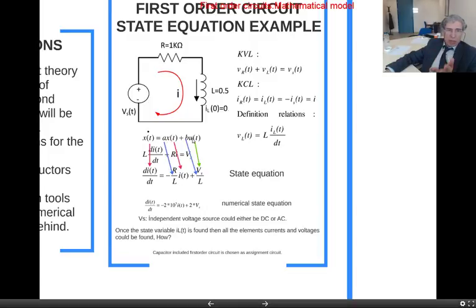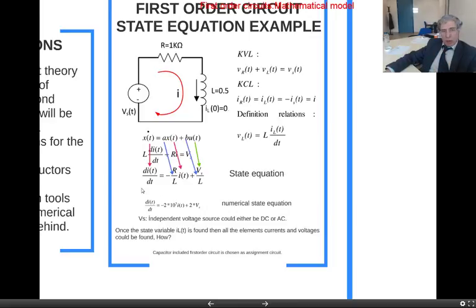The last term here is B, once again equal to 1 over L, that is the parameter of an element, and UT is the independent voltage source. So this is now our state equation, and our state variable is the inductor current.